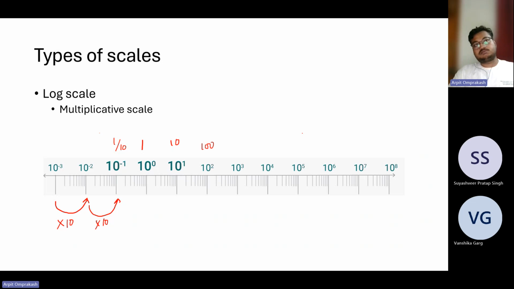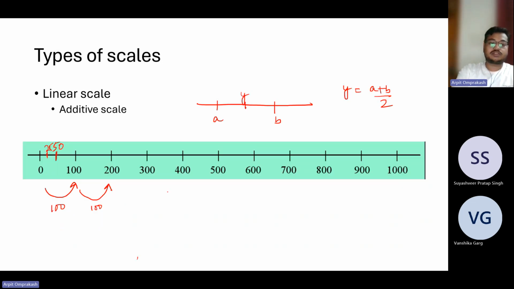The most obvious benefit of using a log scale is when we want to refer to processes that are very diverse, for example, processes or measurements that range from very small values to very large values. Here you can see that in the linear scale, in this much area, we were able to cover only from 0 to 1,000.